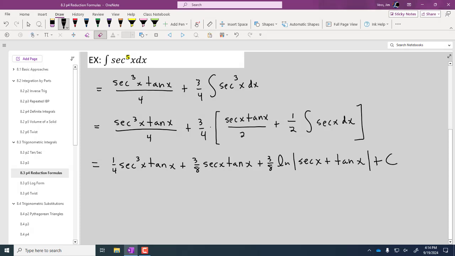But on Tuesday we will talk about why the integral of that is natural log absolute secant plus tangent. I will train you on how to do that. So secant to the 1, that's its antiderivative, natural log of secant plus tangent.